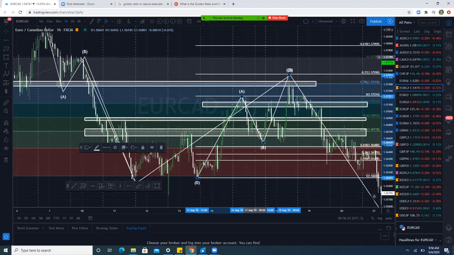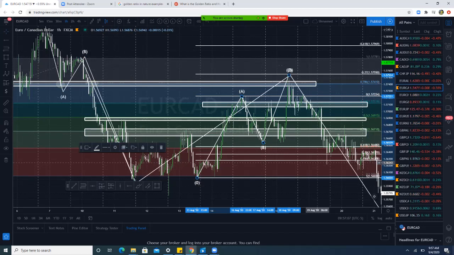I can get to some advanced stuff, but this video is just to bring awareness to how powerful a Fibonacci could be. So if I look here, I see that this retracement that we looked at came to the extension point and then turned around.